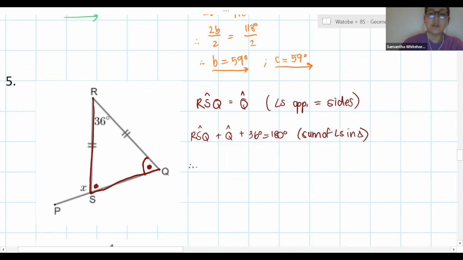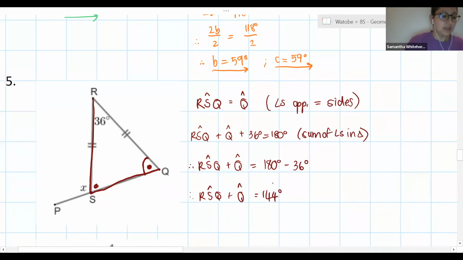And then because RSQ is equal to angle Q, once we've subtracted that 36 degrees, as Kylie told us, we can then divide by 2. So this would be 144, and dividing that by 2 gives us angle RSQ.